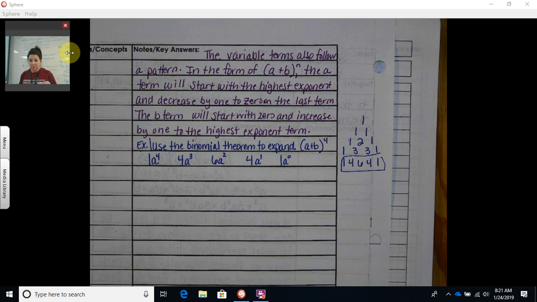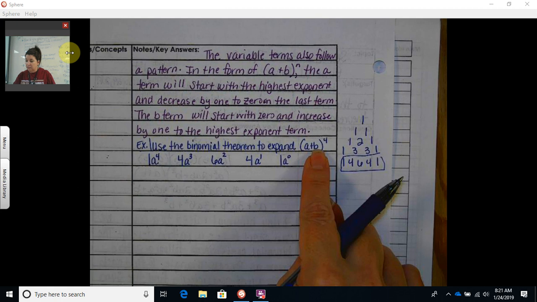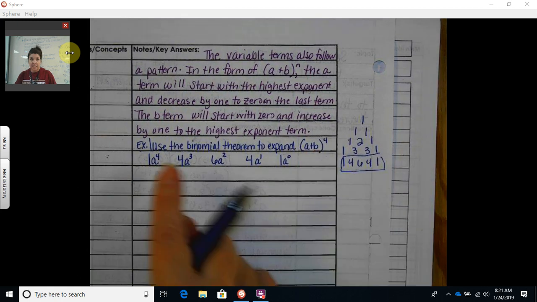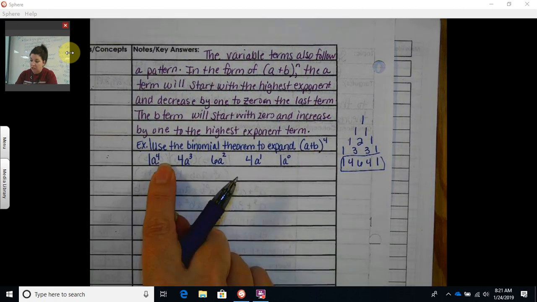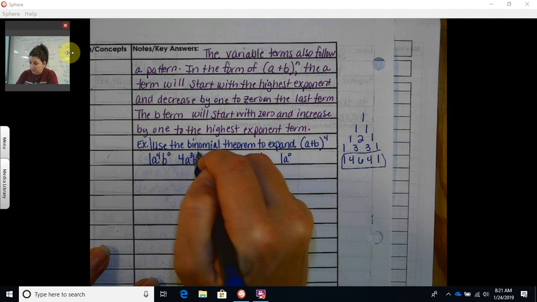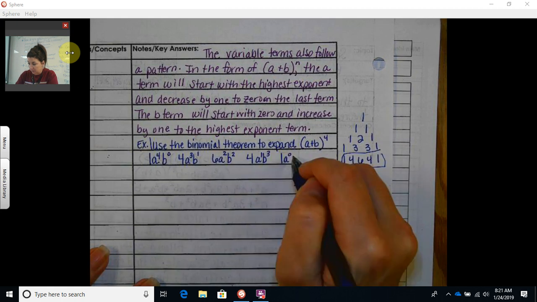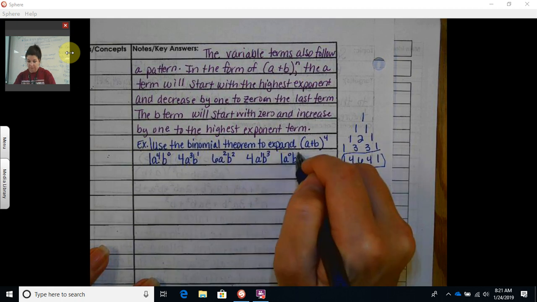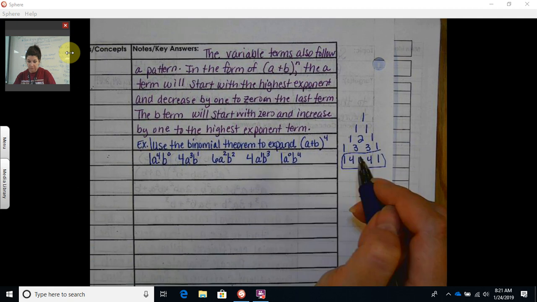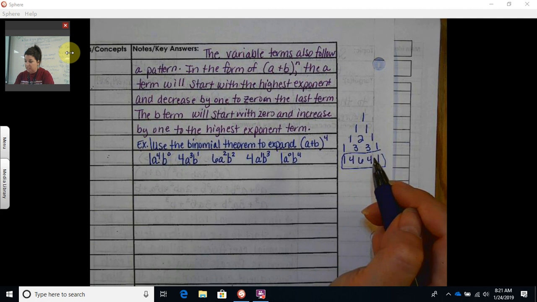The second term in the parentheses starts at 0 in your first term. So that would be b to the 0, b to the 1st, b squared, b cubed, b to the 4th. And this was positive, so everything's going to be positive.